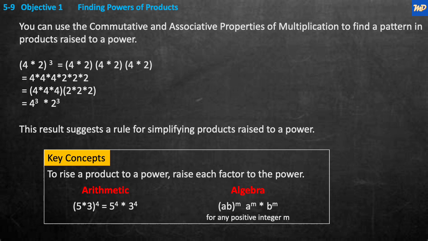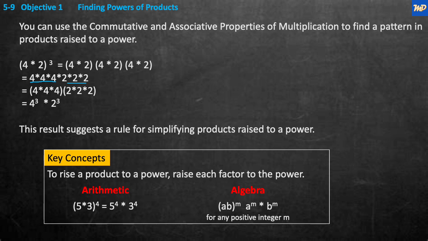Objective 1. Finding powers of products. You can use the commutative and associative properties of multiplication to find a pattern in the products raised to a power. So let's look at this. The quantity 4 times 2 cubed is the same as 4 times 2 times 4 times 2 times 4 times 2, which also is 4 times 4 times 4 and 2 times 2 times 2.